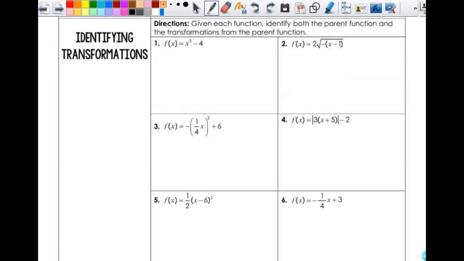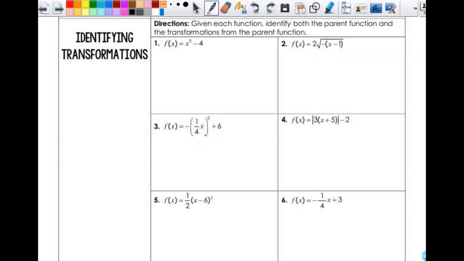First of all, I want to talk about what I mean by inside and outside, because you need to totally understand that so that you can wrap your mind around it. When you're trying to look at, does something affect x or does it affect y? Depending on what this is, like this is a square root, this is an absolute value, this is a quadratic, right? Inside whatever the operation is, so inside my absolute value, inside my square root, inside the square, all that stuff affects x.